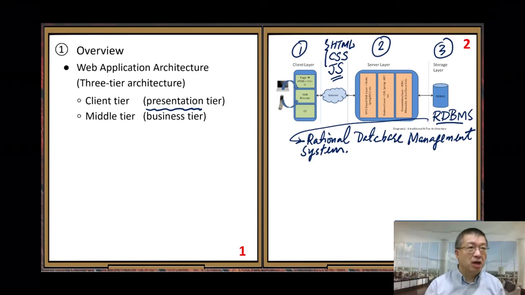The server side, people do the business here. And for this class, we will spend 90% of our time learning technologies in this part. That's our main focus for this class, approximately 90%.